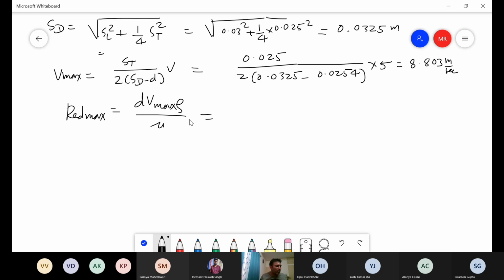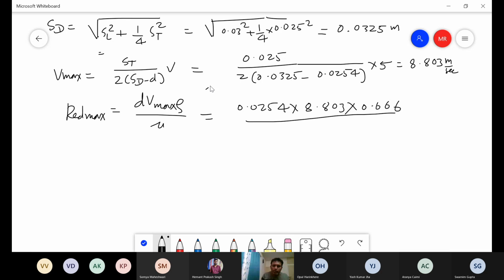All the values are already given. D is 0.0254, V max we have already calculated, that is 8.803, and rho at 250 degrees Celsius is 0.666, already given in the problem statement itself.